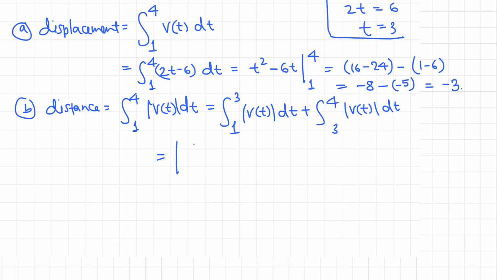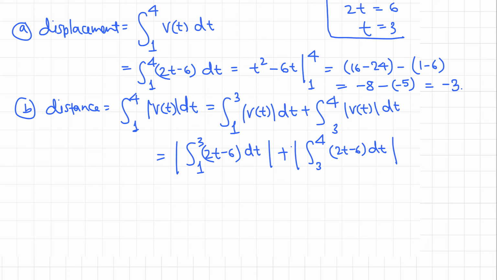So pretty much this is 1 through 3. Now the velocity function is 2t minus 6. Same thing here, okay, my bad, just the absolute value outside. 3 through 4, 2t minus 6 dt.